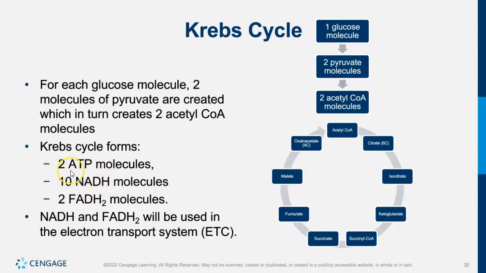So we get 2 ATP molecules, 10 NADH molecules, and 2 FADH molecules with the turn of the cycle. These are going to become important because we can use these hydrogen ions to make more energy in the electron transport chain.